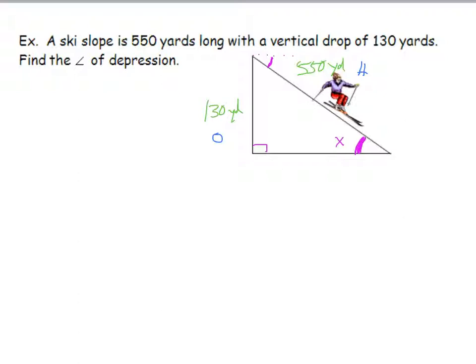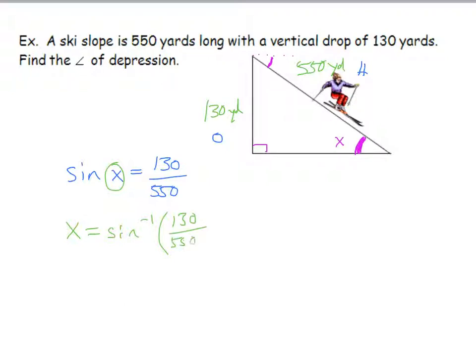So we're going to use sine. Sine of my angle, x, equals the opposite, 130, over my hypotenuse of 550. Remember, if you're trying to solve for your angle, we need to take the sine inverse of both sides. So x equals the sine inverse of 130 over 550.